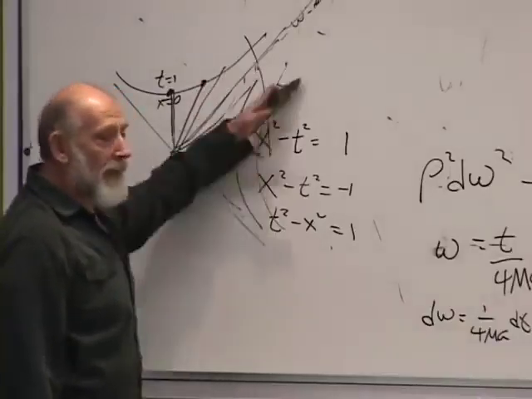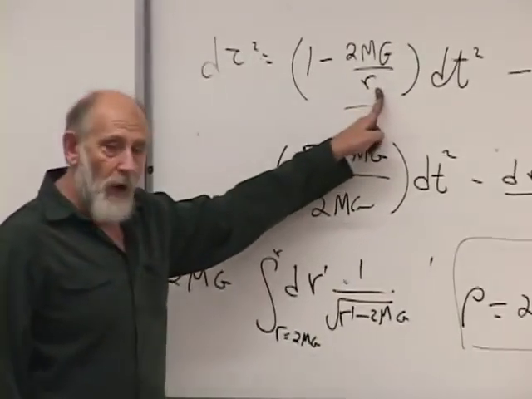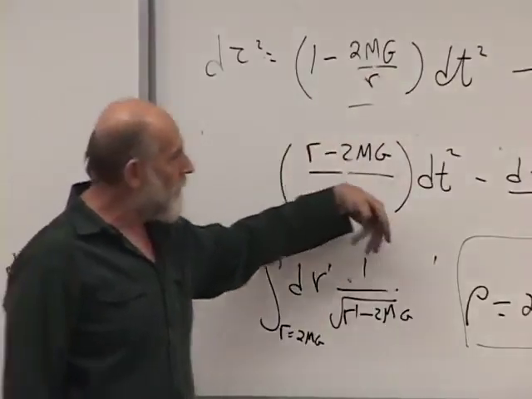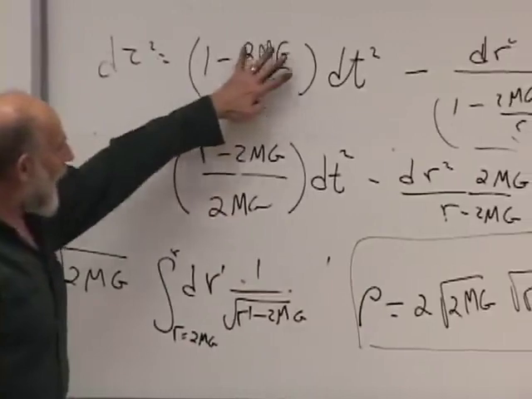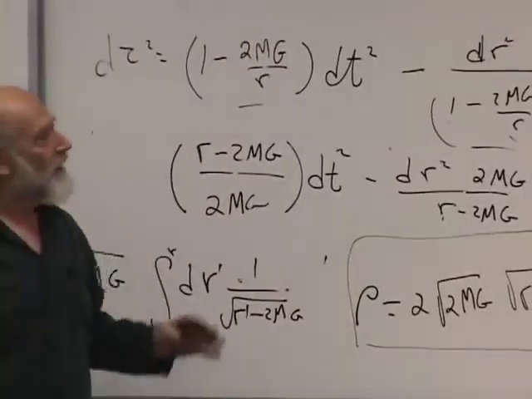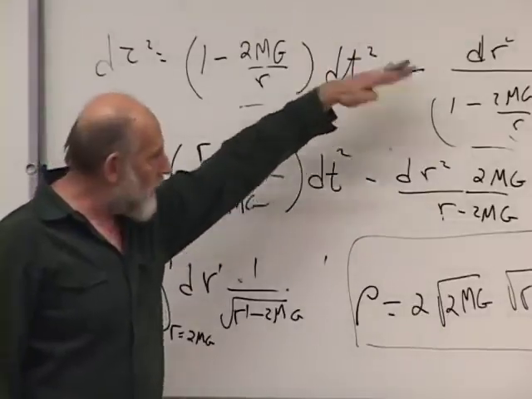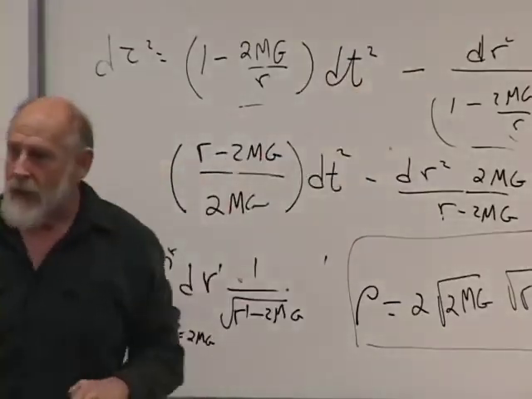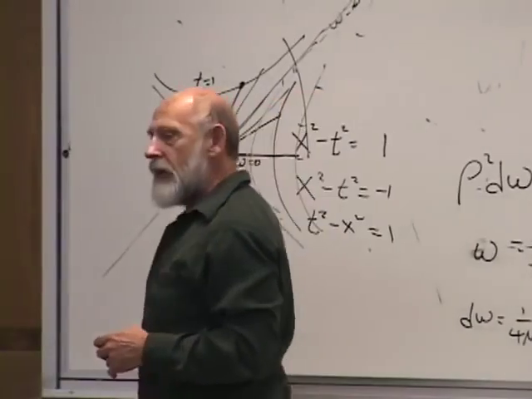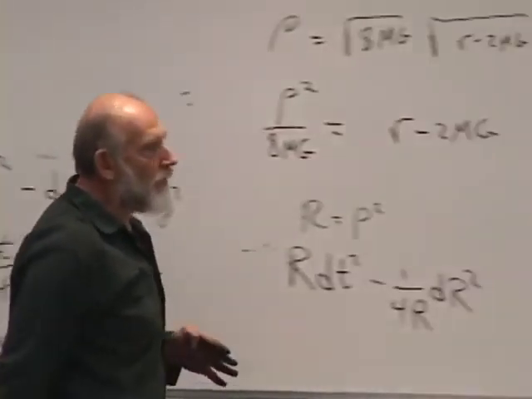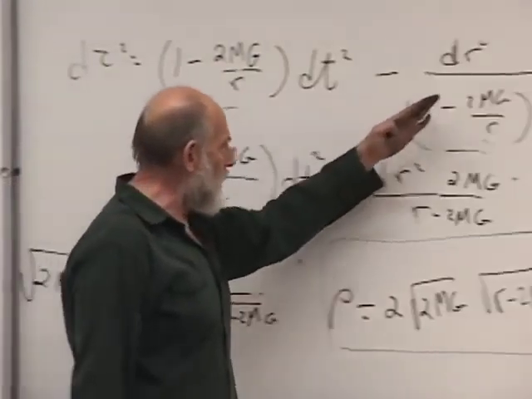Time is this hyperbolic angle, but far away, when r is very large, 2mg over r is negligible, and it just looks again like flat space, but flat space in which time is time and space r, with ordinary coordinates r and t. So there's a transition from very close to the horizon, where it looks like flat space in polar coordinates, to very far away, where it just looks like flat space in ordinary coordinates.